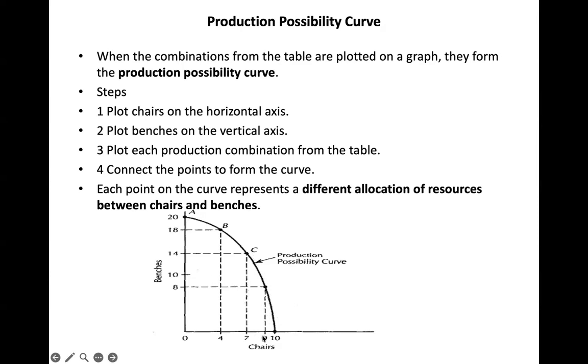But at D, he was producing 8 benches. When he moved to C, he was producing what? 14. So when it comes to the bench side, there's also a gain.